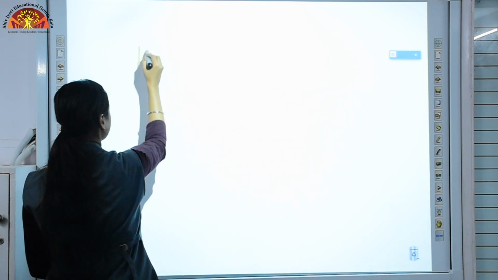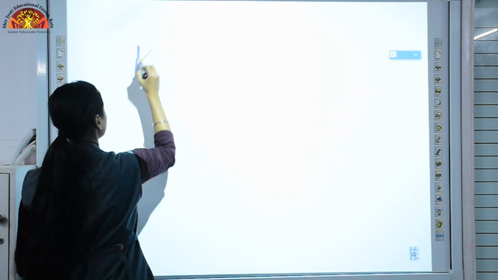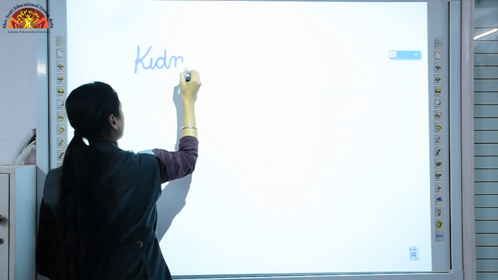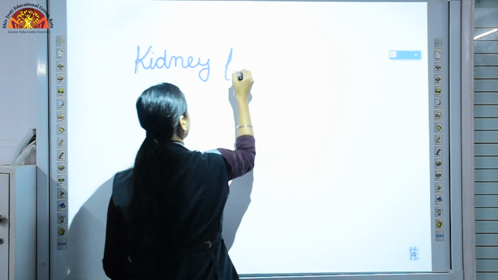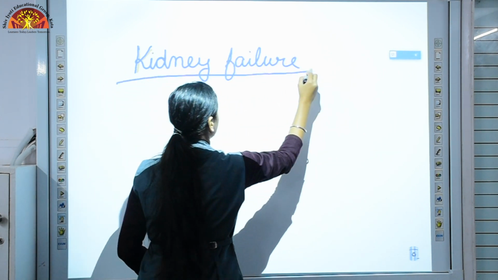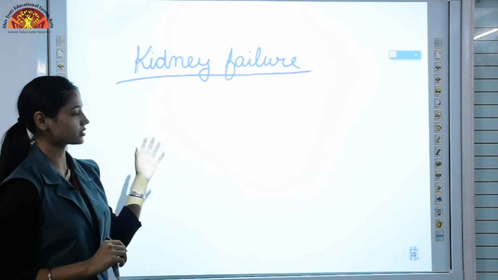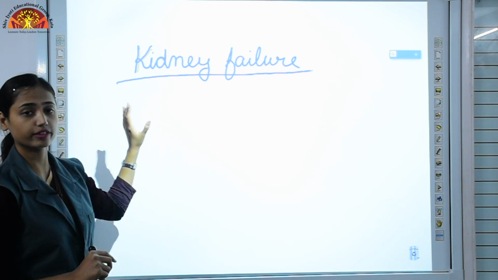So what is kidney failure? Which term did we discuss right now? Kidney failure: the stage at which the kidney does not perform well.